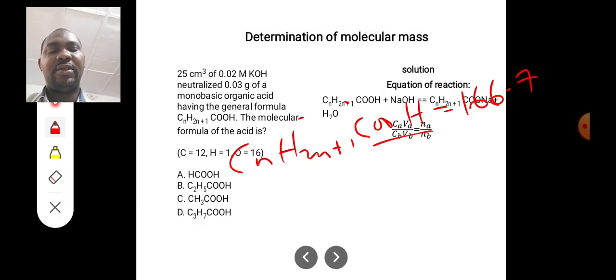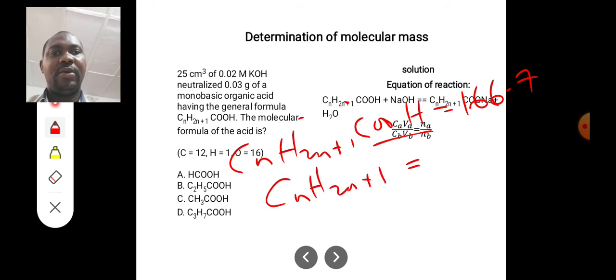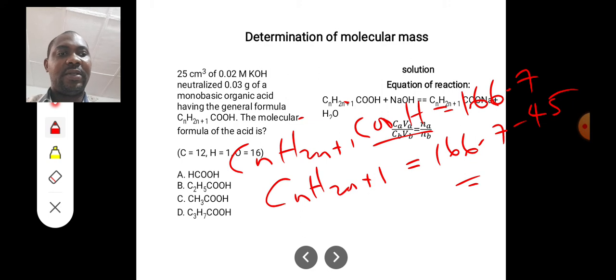Now COOH, we calculate the molar mass, is 12 plus 16 plus 16 plus 1. That gives us 45. So that means CnH2n+1 will give us 166.7 minus 45. So 166.7 minus 45 is 121.7.